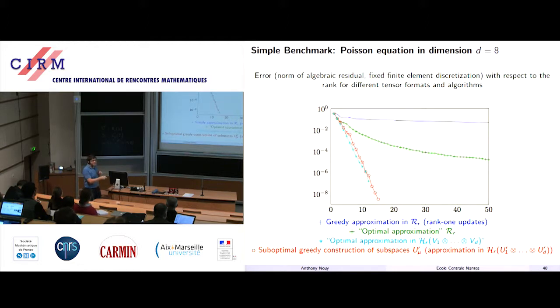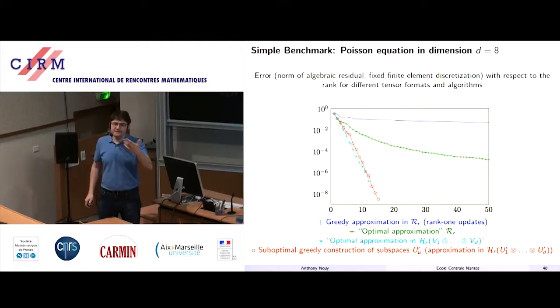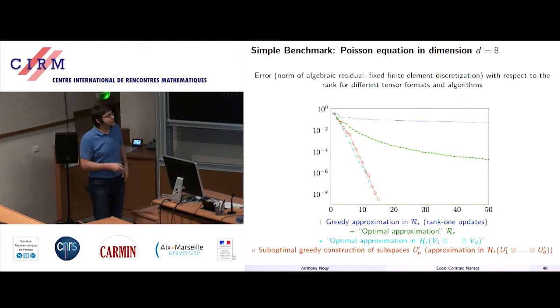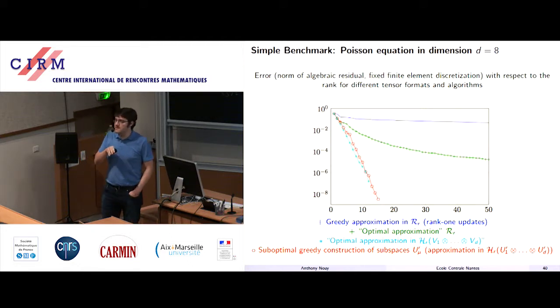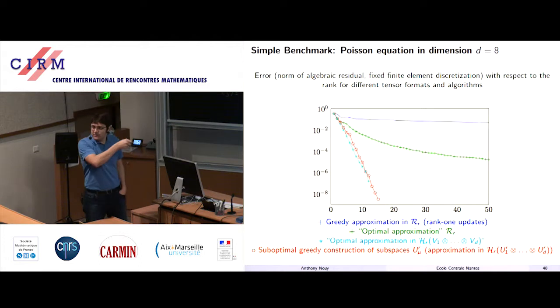You can try to be optimal in the set of rank R canonical functions by optimizing in the manifold of elements of rank R, and it performs a little bit better. And here, what you have is a construction based on the subspaces. And you see that we obtain an exponential convergence of this type of construction.